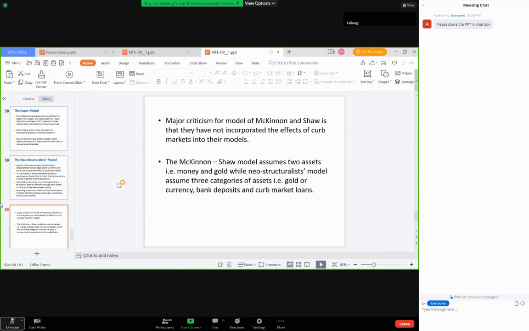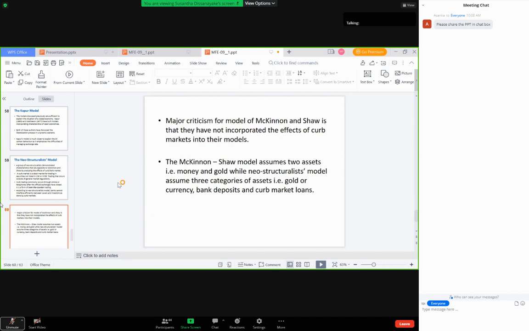A major criticism of the model of McKinnon and Shaw is that they haven't incorporated the effect of the curb market in their model. So the neo-structuralists are saying the McKinnon and Shaw model hasn't identified the curb market situation.